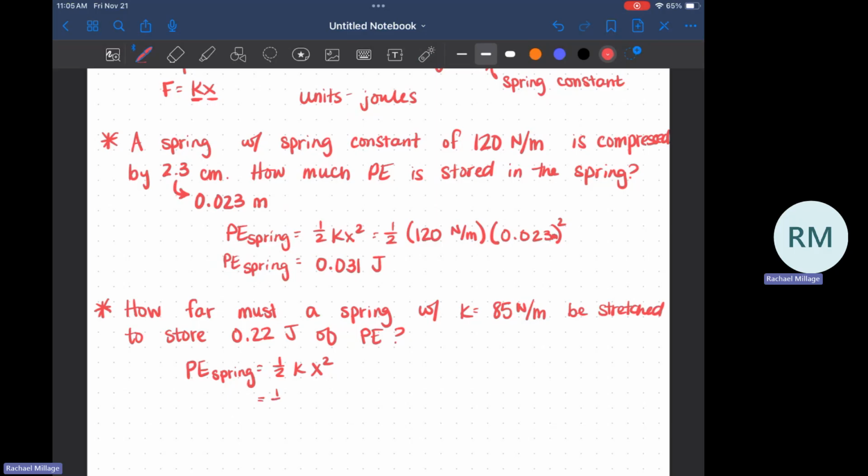And we know the PE of the spring is 0.22 joules. What are we looking for? How far. How far is going to be our displacement. It's going to be that x. So now let's solve.